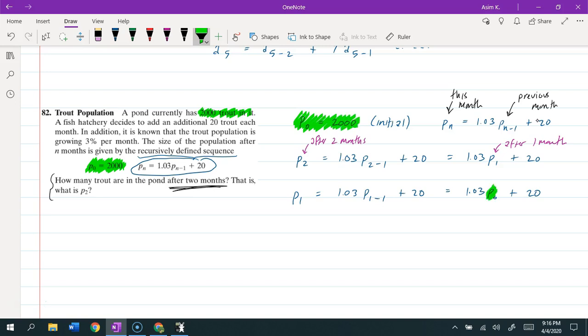And I just got stuck with something that says P sub 0. So you fit all the pieces of the puzzle together. You're like, oh, okay, so this is 1.03 times 2,000, add 20, and that'll give me the population of trout after that first month.